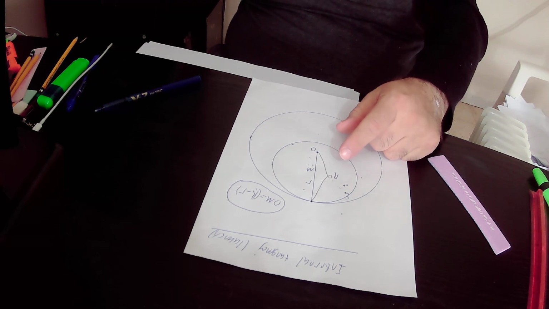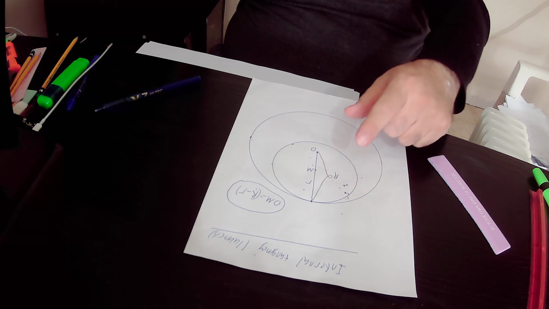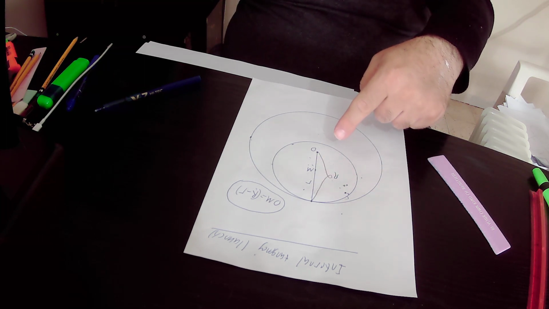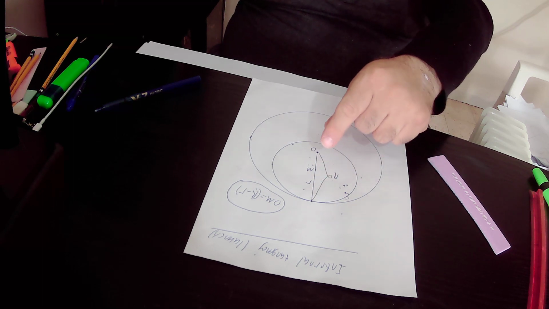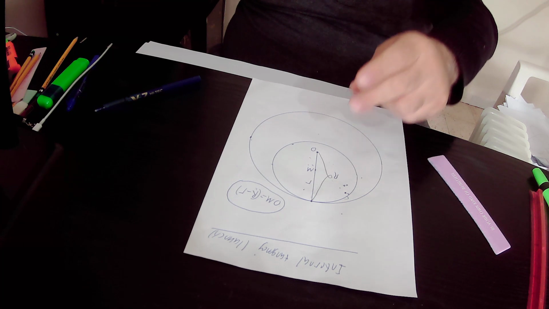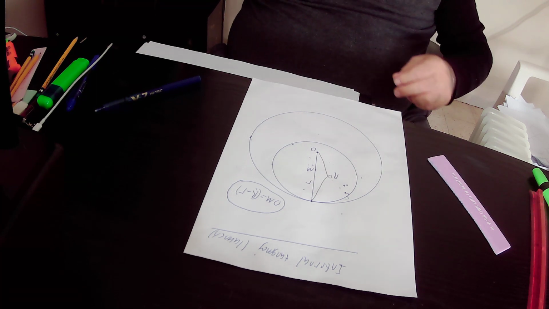In this case, it will be equal to capital R minus small r. And from the drawing, you can see that capital R minus small r is equal exactly to MO, the distance between the centers of those two circles.